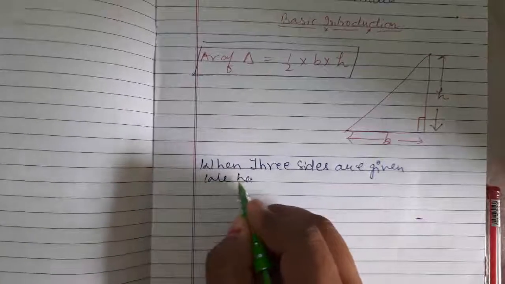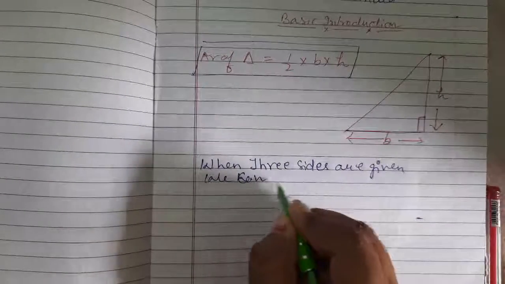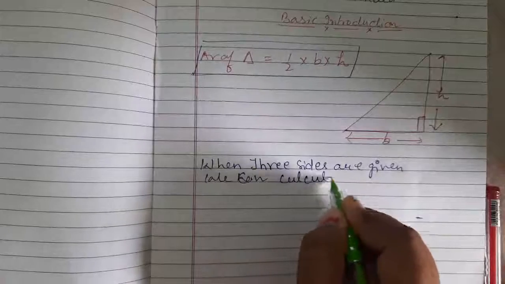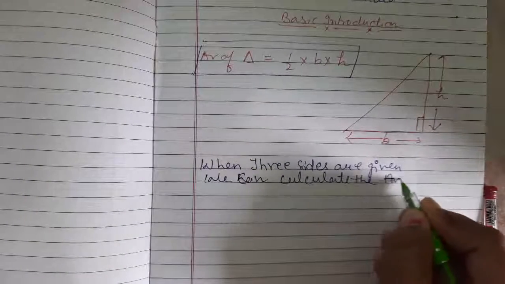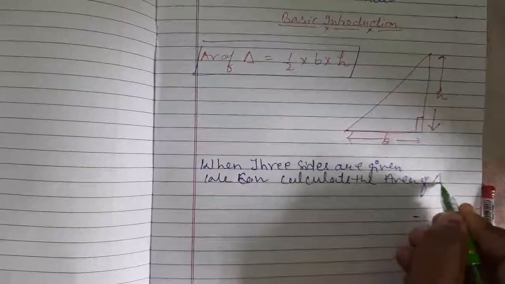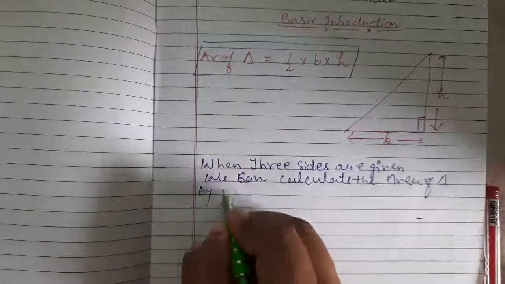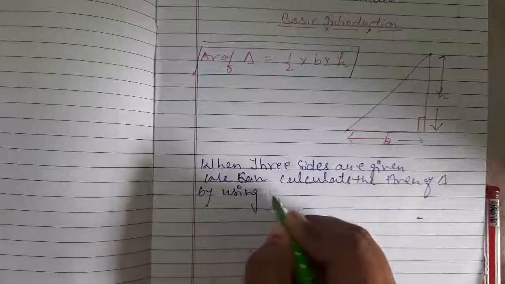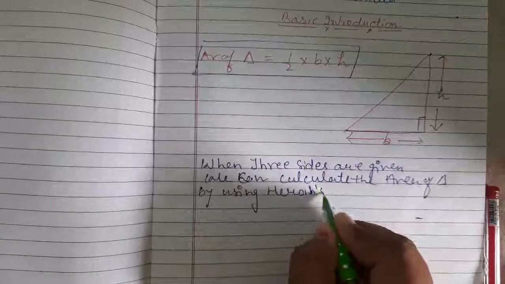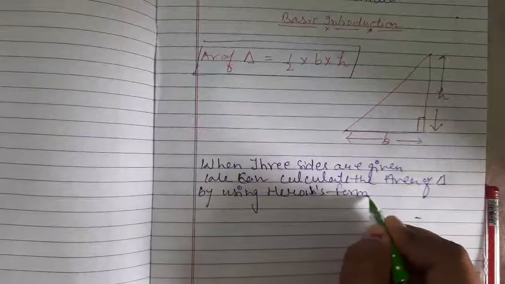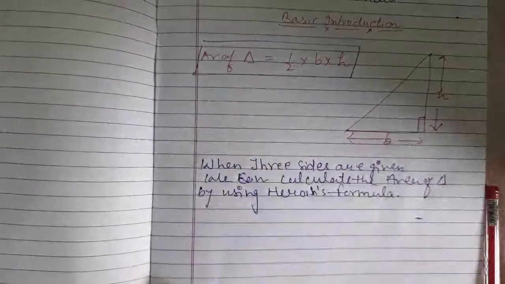When three sides are given, we can calculate the area of a triangle by using Heron's formula.